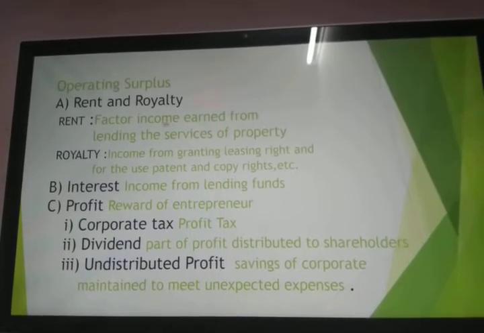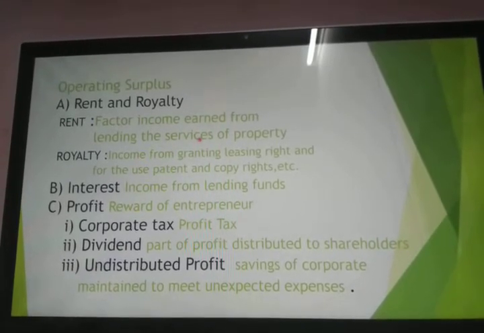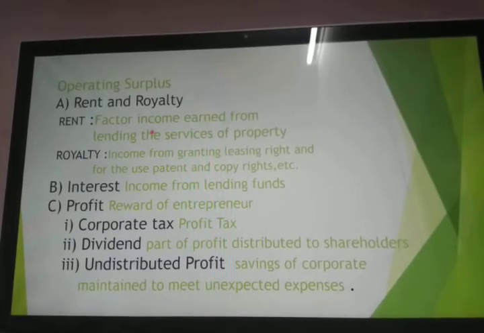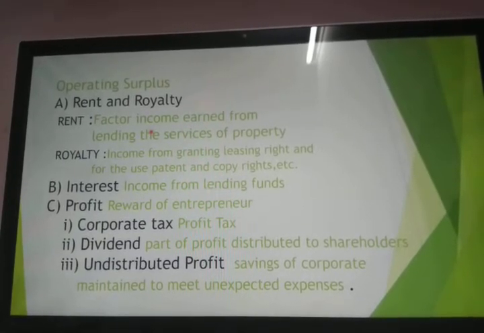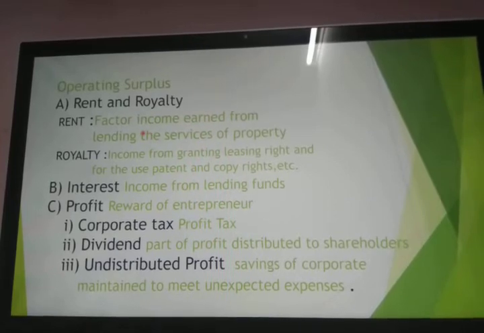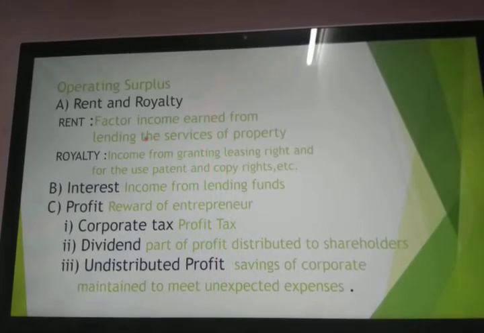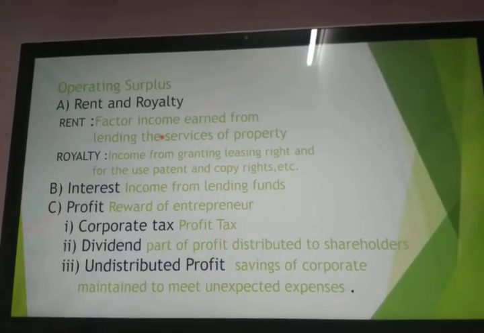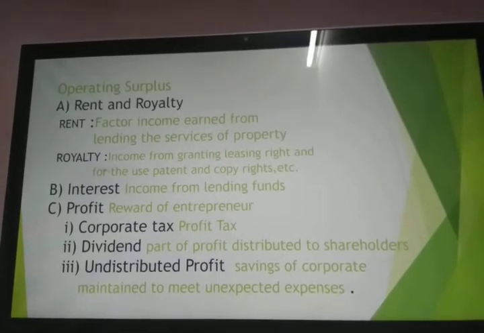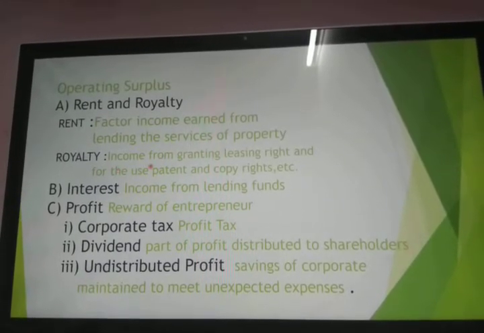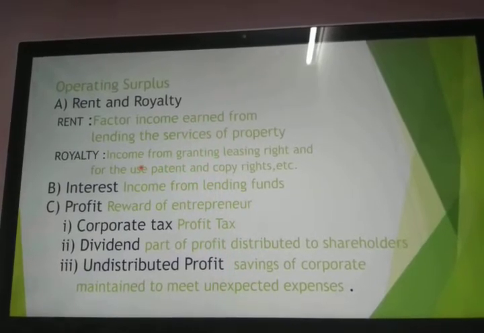Rent is the factor income earned from lending the services of the property, like giving out the building, giving out the land to the people to use its services. So that income is generated against the use of these kinds of assets, that becomes rent.